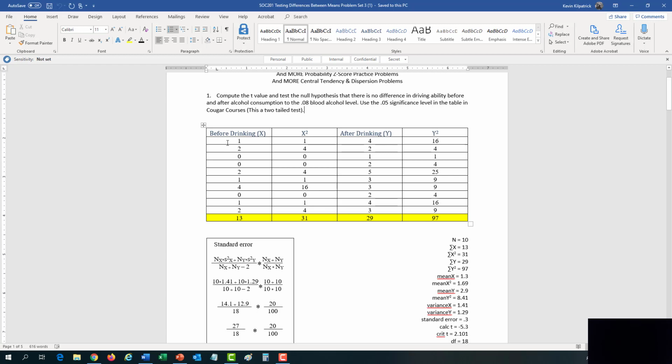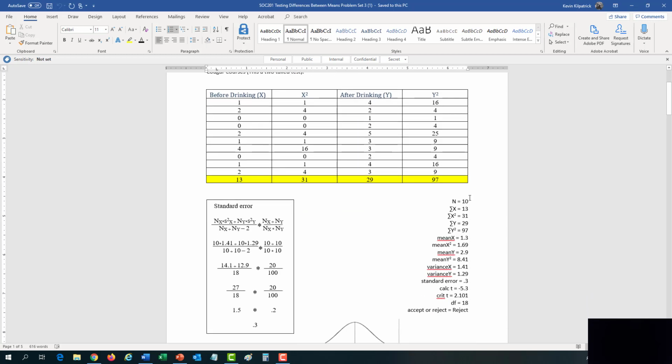And you can see by just counting that there are 10 values in both columns: 1, 2, 3, 4, 5, 6, 7, 8, 9, 10. So the very first thing I'm going to put in my list of numbers that I'm calculating is the n. For both of these columns, n is equal to 10, so I'm just going to put it once.